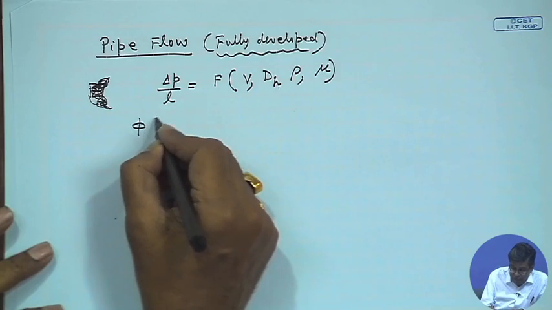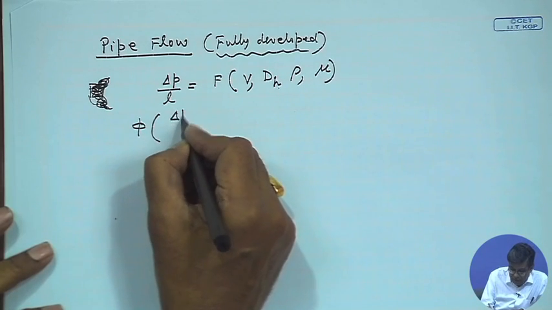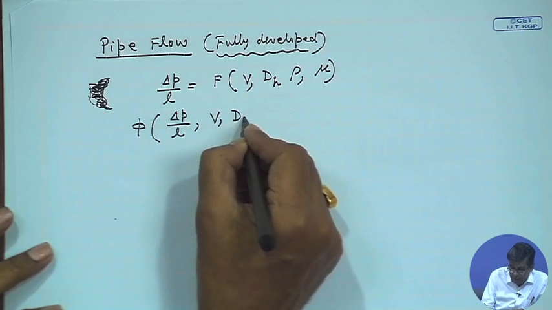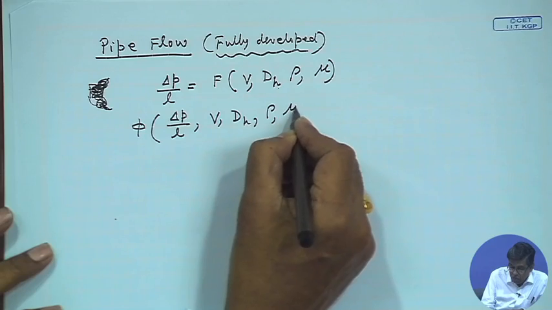This can be expressed as an implicit functional relationship of delta P, which is the output parameter, V, dH, rho, mu, equal to 0.